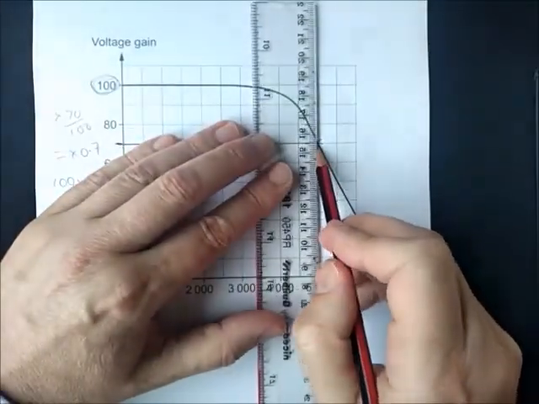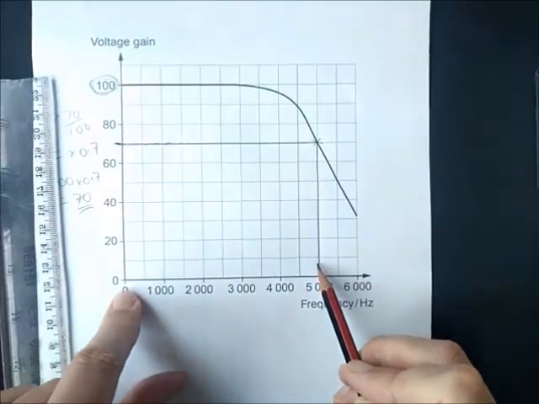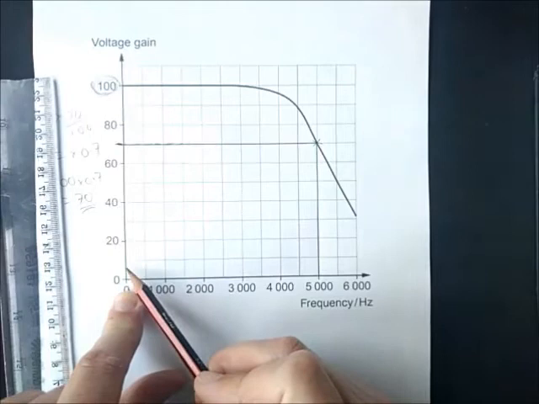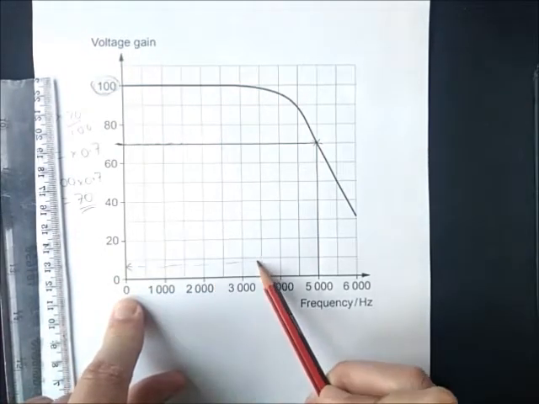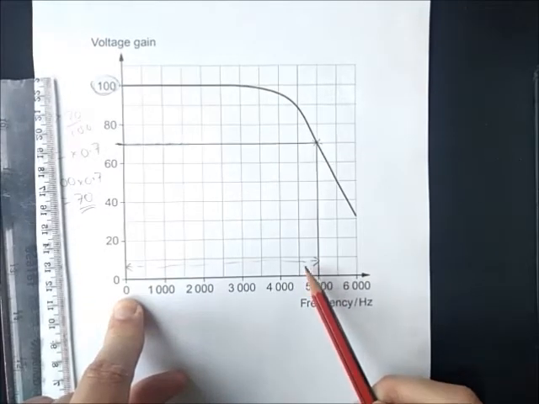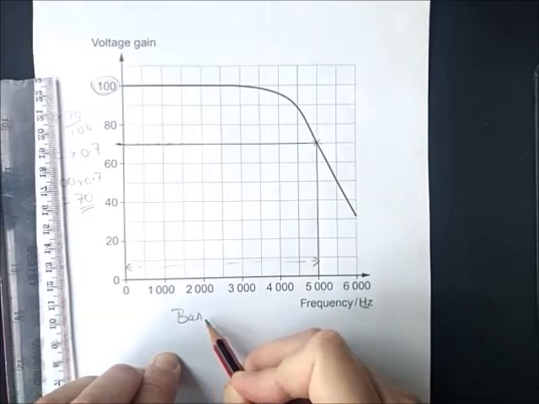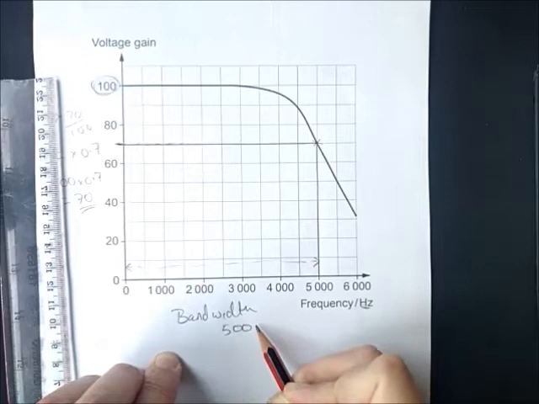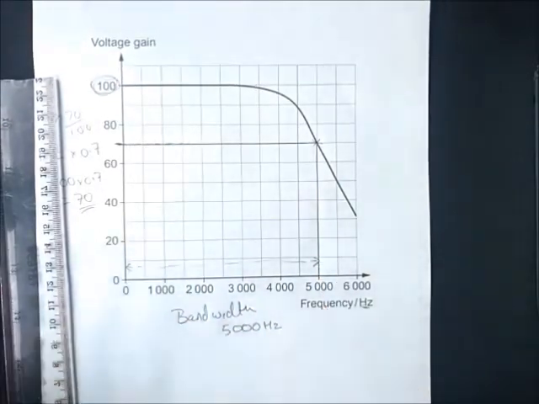So if I draw downward from here, I can see that this amplifier works up to 70% of its efficiency from 0 all the way across to 5000 Hertz. So that means that the bandwidth of this amplifier is 5000 Hertz. It goes from 0 to 5000. It's a 5000 Hertz bandwidth amplifier.